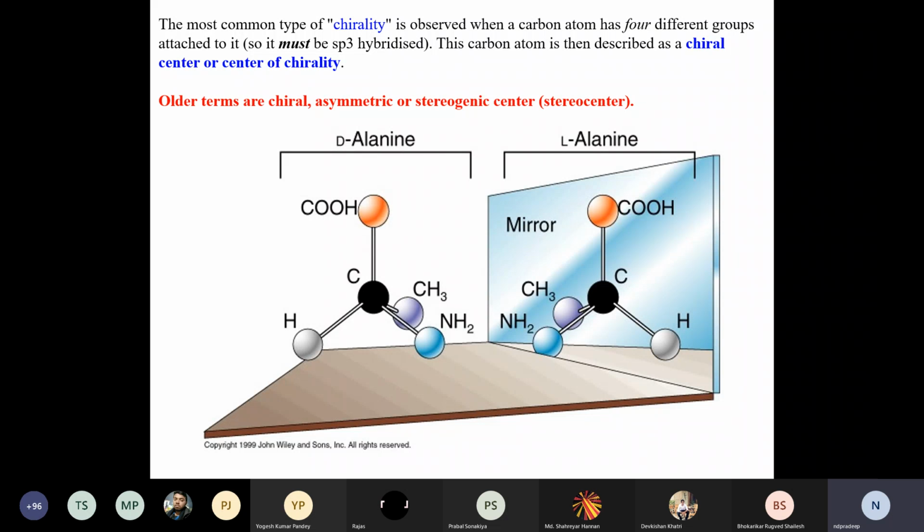The first definition stated that a carbon with 4 different groups, a tetravalent sp3 hybridized carbon attached to 4 different groups, can exhibit chirality, and we call that carbon a chiral carbon, an asymmetric carbon, or a stereogenic center. This was the initial definition.